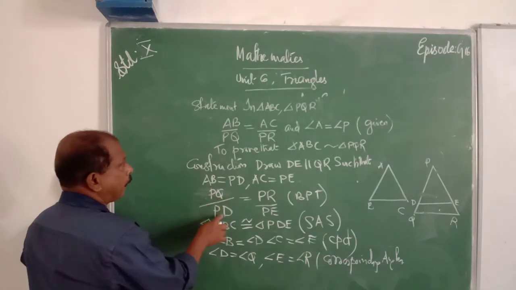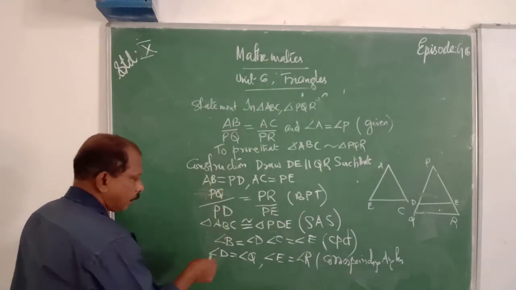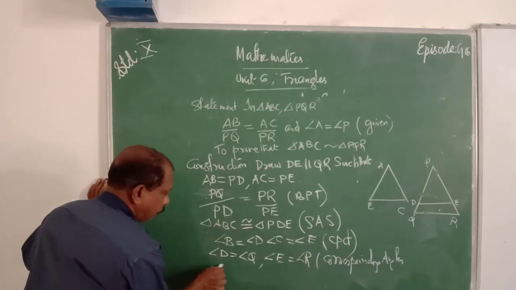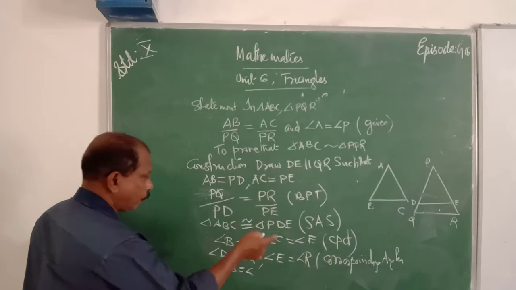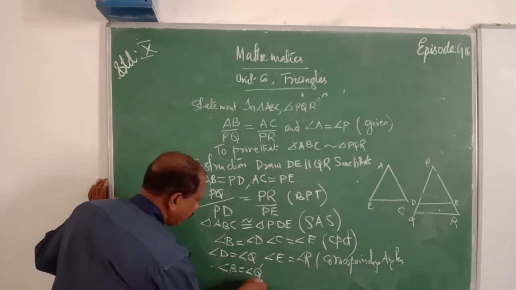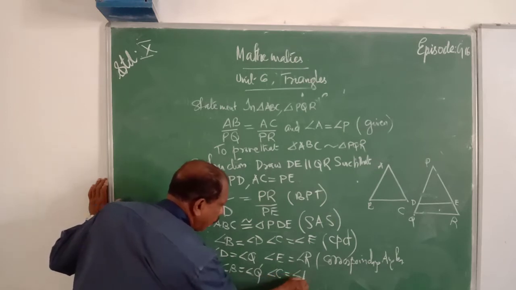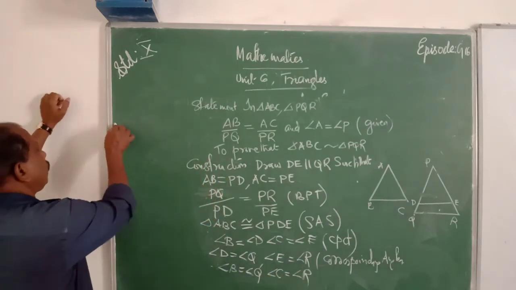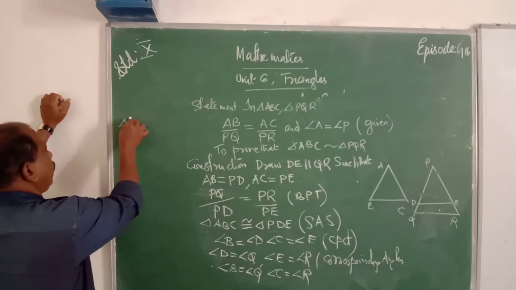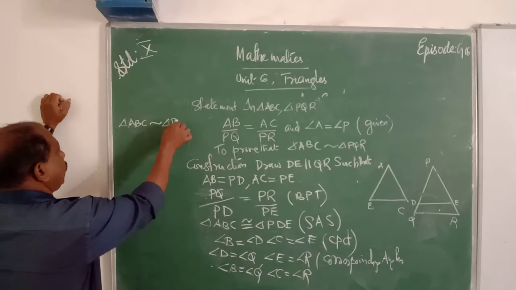Therefore angle B is equal to angle Q, angle C is equal to angle R. Therefore, triangle ABC is similar to triangle PQR.